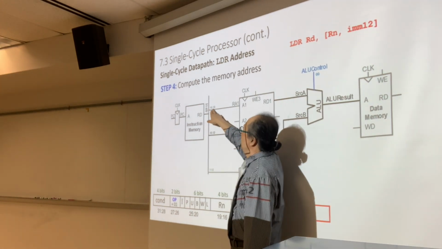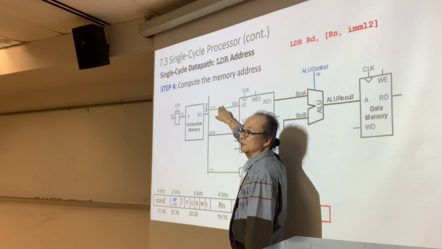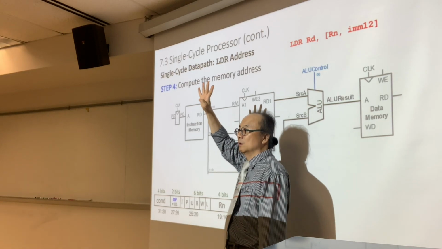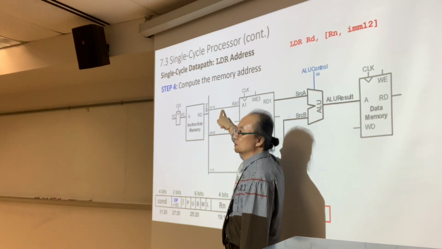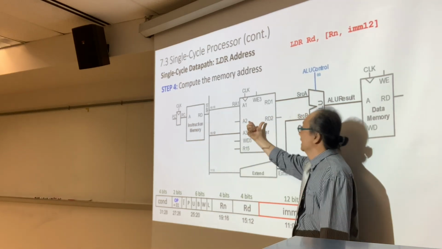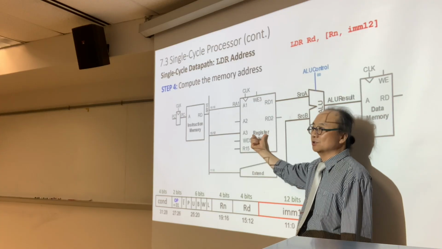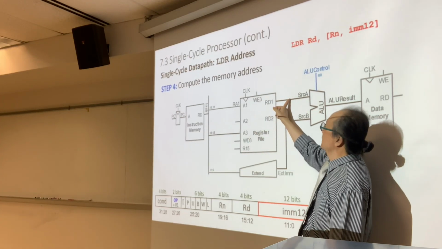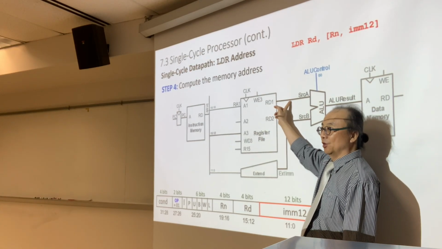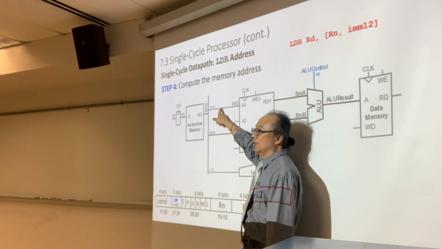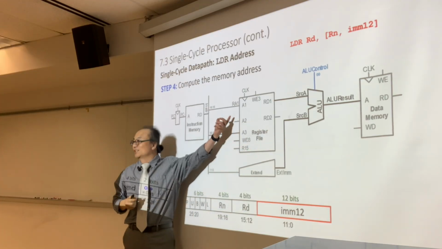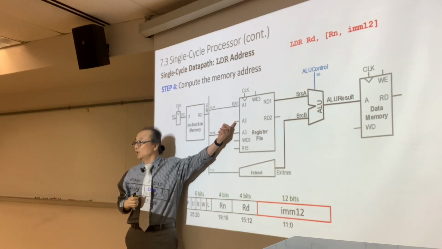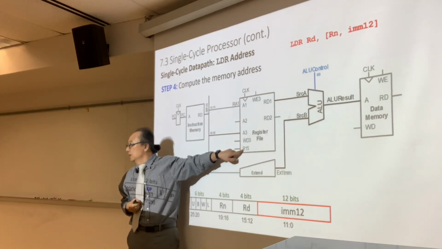So now, how many bits for this line? 4. Why 4? We're just going to call the name of the register. The contents of the register are inside this register file. Therefore, this output is going to be 32 bits. So this line is just a number for the name of the register, which is 0 through 14. 15 is designated in here.